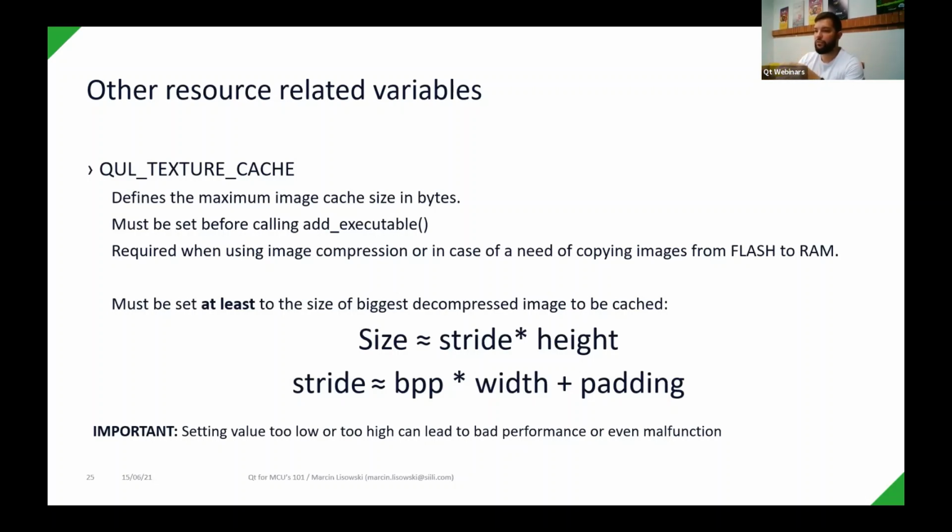And setting it to too low a value can cause your application to stop working, and too big a value can even cause a malfunction, as you can overlap other parts of your application, for example, the heap or the stack memory regions. And that's probably not what you would like to do. Well, so just remember that this is a really important API, but it has to be used with special care to not make any problems.